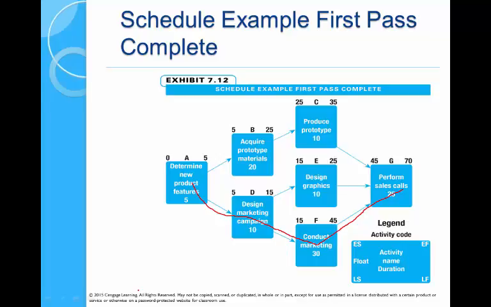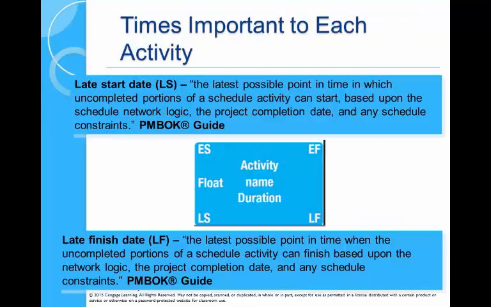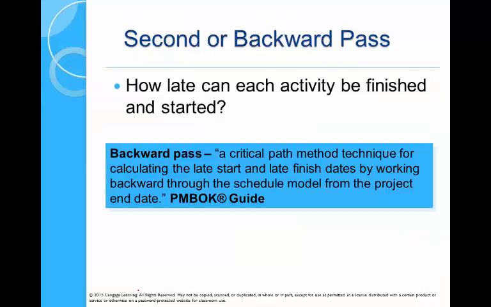We can use a backward pass to identify that critical path, but it also tells us where the float or slack is. So late start is the latest time we can delay an activity to a certain time, then we've got to do it, otherwise it will affect the project completion date. Late finish is the latest time a task can be finished before it affects the completion of the project or estimated completion.